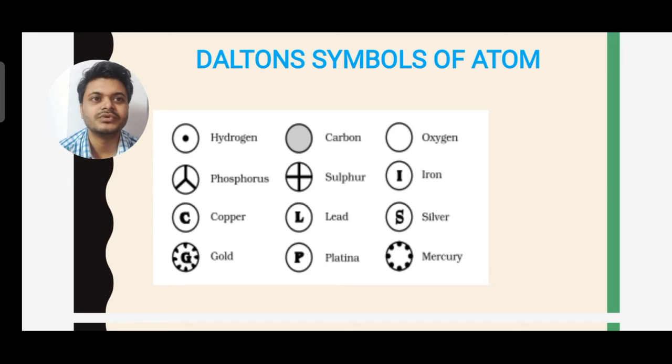These are the Dalton symbols of atoms. Don't be confused with the recent symbols, like the recent symbol for hydrogen is H, and we write it as H2, but this is different. This is the Dalton symbol of atoms. So here I have given the symbols for hydrogen, phosphorus, copper, gold, carbon, sulfur, lead, platina, oxygen, iron, silver, mercury.